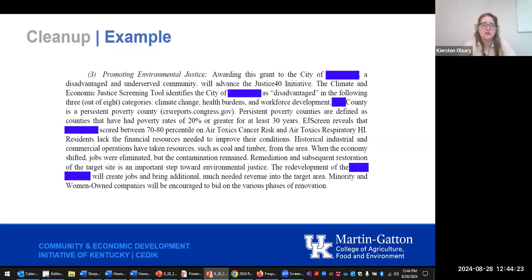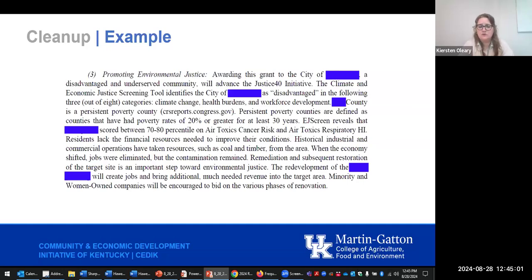So they're still dealing with the impacts of this contamination, which is what brownfield funding is designed for: to eliminate these contamination concerns so that those sites can be turned back into a productive reuse for the community, whether that is an economic driver or just a community benefit. We're looking at green space and parks and things that are going to be beneficial to your community and not be so impacted by the blight that remains from that past environmental contamination. Again, this one did a really great job.